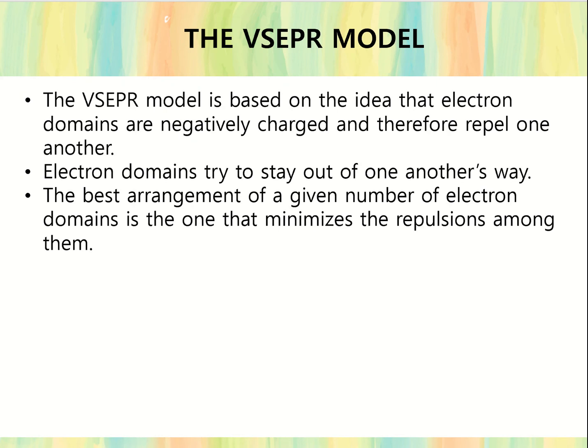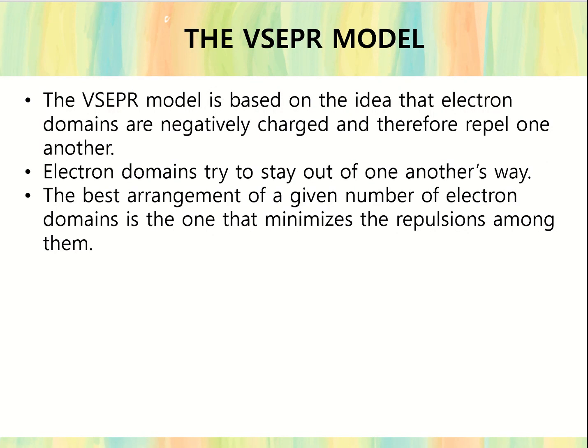So the VSEPR model is based on the idea that electron domains are negatively charged and therefore would want to be as far away from each other as possible to prevent that repulsion. So essentially, electron domains try to stay out of one another's way.